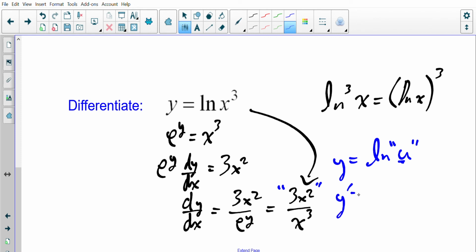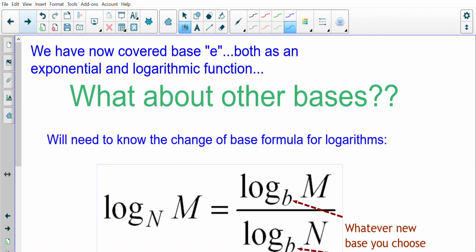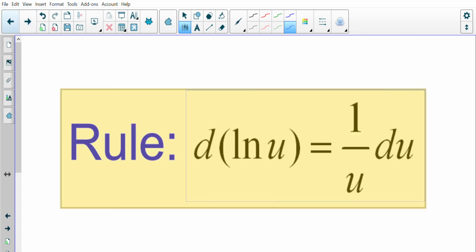If you have ln of u, the derivative is 1 over u multiplied by the derivative of u. This would be the rule that we would now also add to our list. So that's how we take the derivative of a logarithm base e.